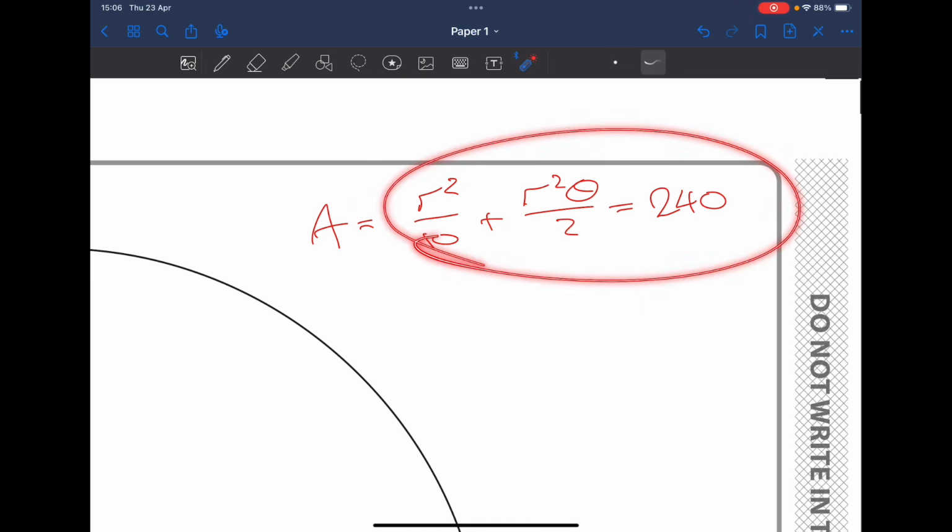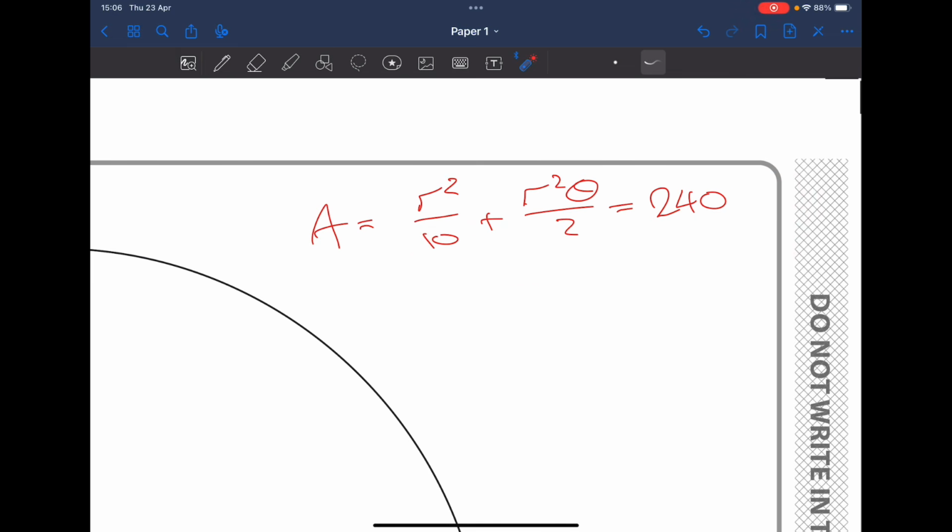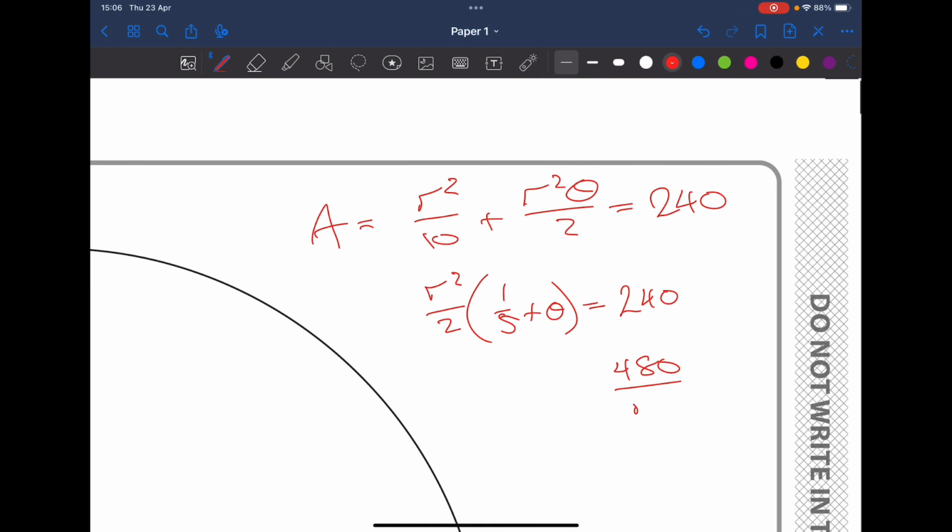So let's do this. First thing I'm going to do is factorize r squared over 2 out of everything, I think. Or, yeah, I think I will do that. So r squared over 2, lots of a fifth plus theta. So that's equal to 240 still. I'm going to double it, 480, divide by the r squared, and take away a fifth.